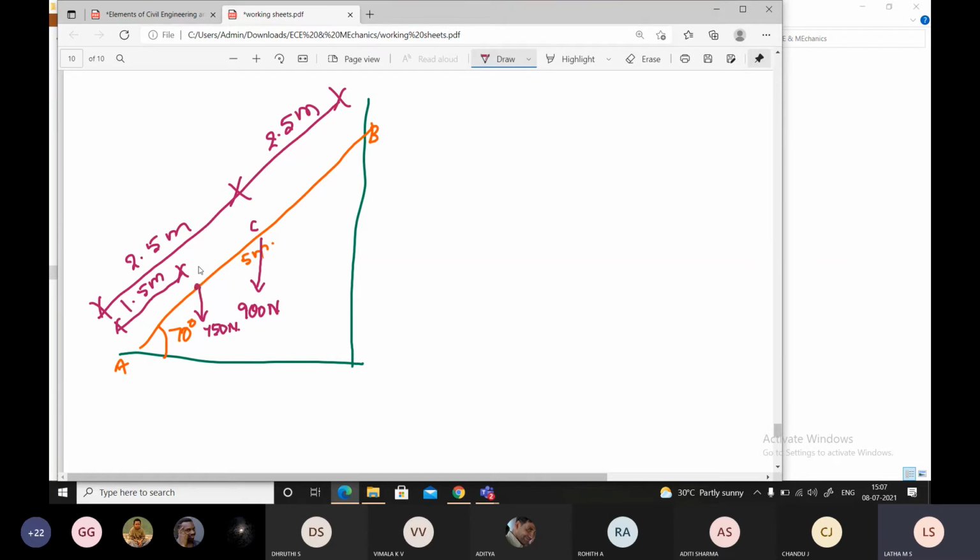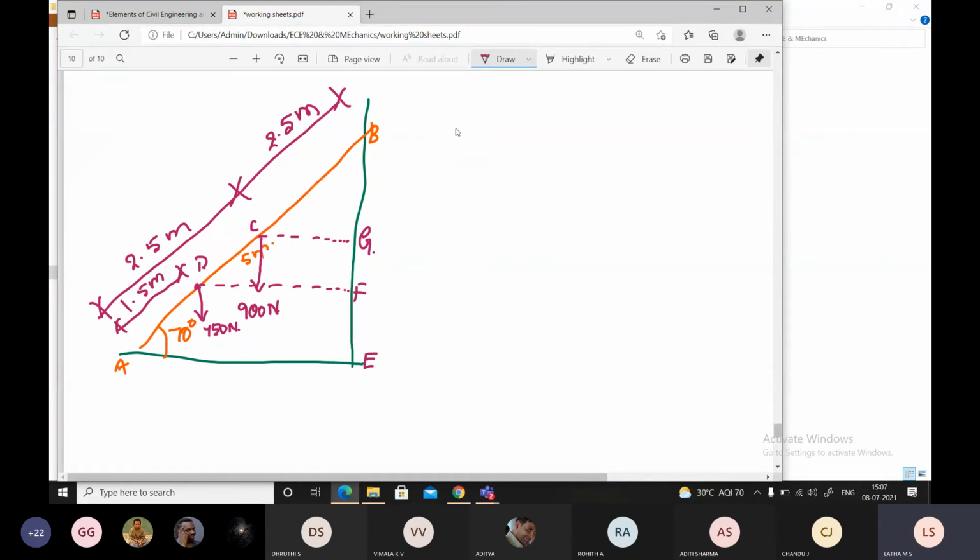I'll call this point D. A, B, C, D, I'll mark this point as E, and I'll extend the line here. A, B, C, D, E, F, G. Now, one by one, we'll start calculating the dimensions at first.